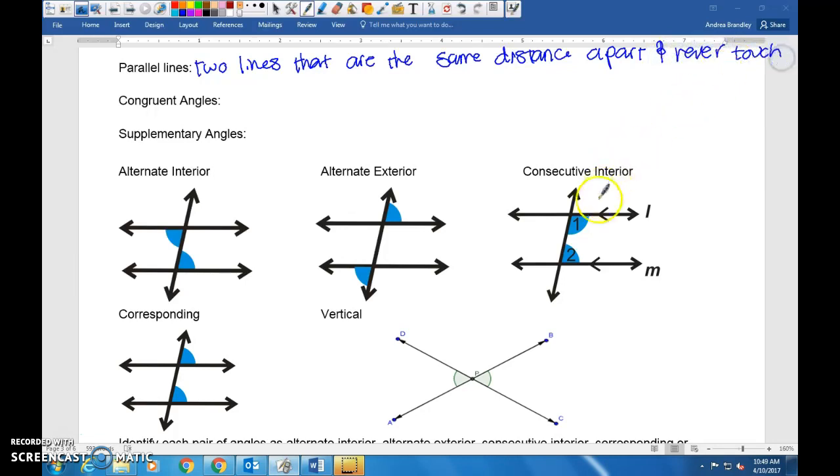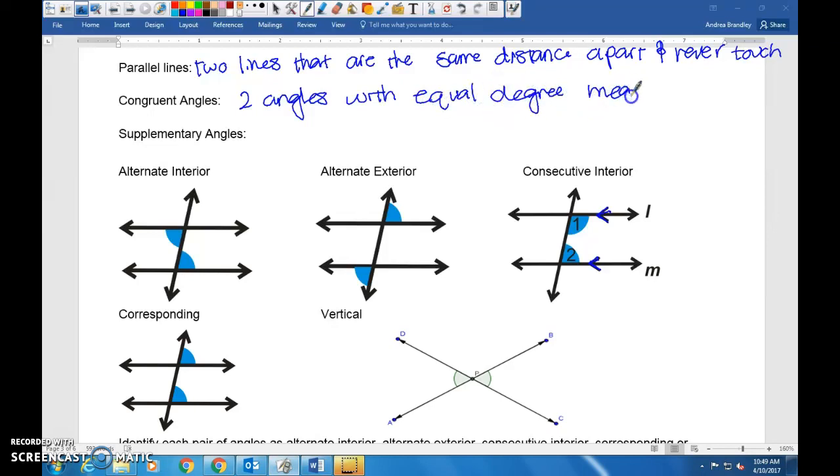So down here in these pictures, these arrows right here mean that these two lines are parallel. They're the same distance apart all the way along the two lines, and they'll go on and on forever and never touch. Congruent angles are just two angles with equal degree measures, so two angles that are the same.